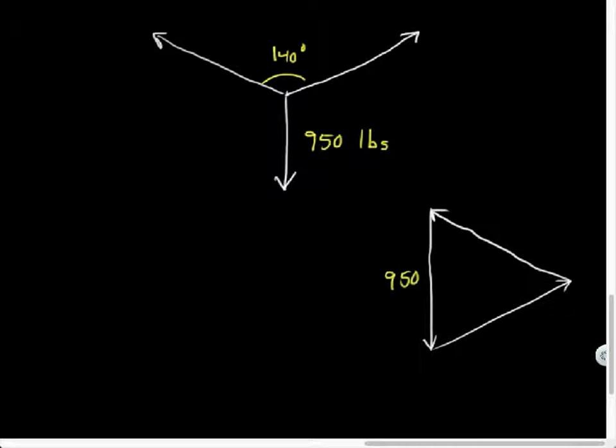Now, I know that these are equally under pressure, so this is actually an isosceles triangle. Can I figure out how to describe these two angles? I know they're congruent. What is this angle here going to be? This would be 40 degrees.